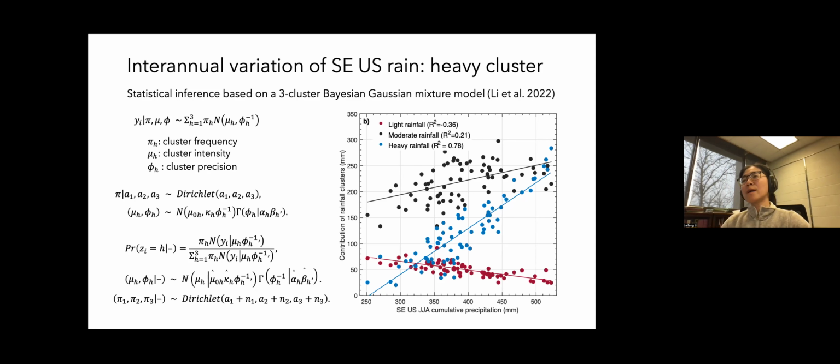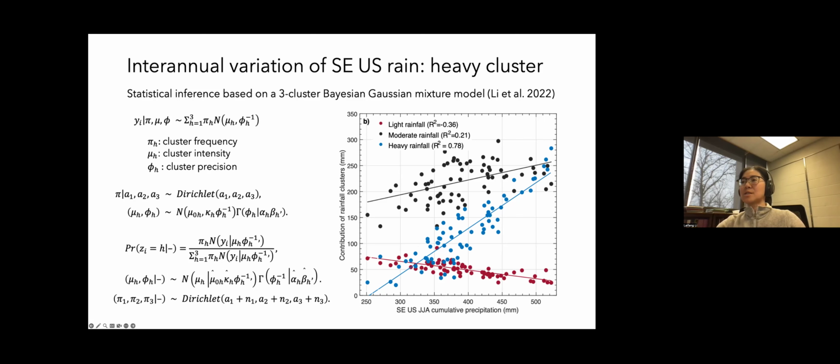So we recognize heavy rainfall events as an individual meteorological feature. They are happening at daily time scale. But this analysis showcases that if we aggregate those daily contributions, the heavy rainfall cluster makes a large contribution to the summertime overall hydrometeorology over the southeastern US.